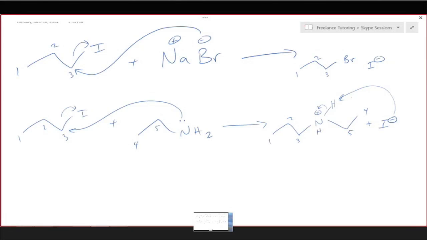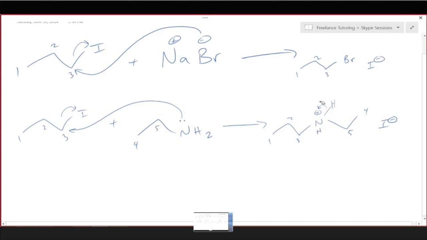So instead, let's just use another of the original 4 or 5 NH2 molecules as the base. Because remember, we haven't used them all up. We've only used up one so far, right? We drew one, but there's still more floating around. So most instructors would prefer that you went back and used more of that NH2 instead of the I-. Even though I- has a negative charge, because it's the conjugate of a really strong acid, it's a pretty lousy base.